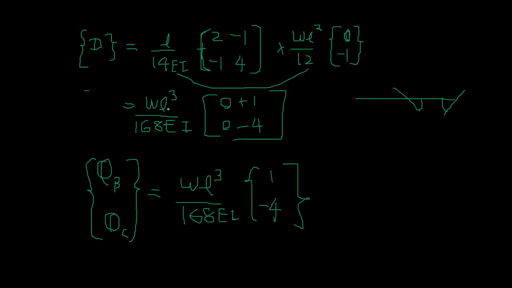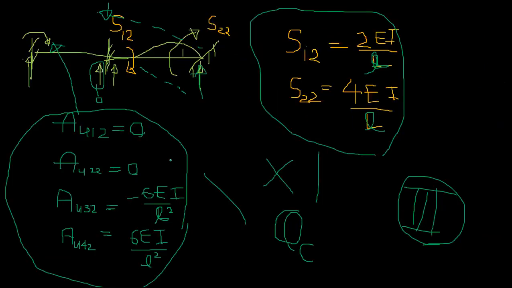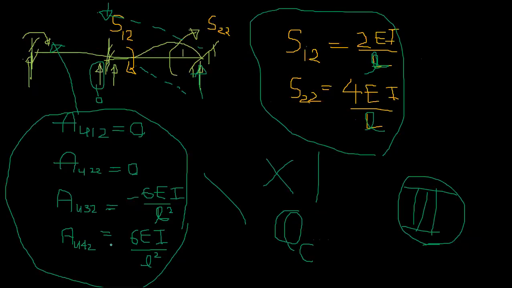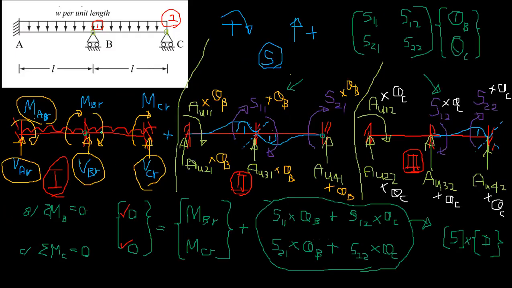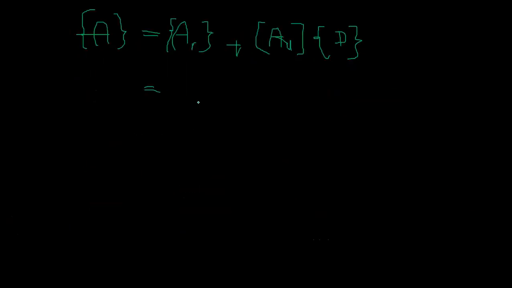So AR, what was AR? The primary structure, WL squared over 12, WL by 2, WL by 2. And you see, this is the first primary structure, the first step, right? The second step, third step. So here is the first step. This is the simplification of the second and third step.